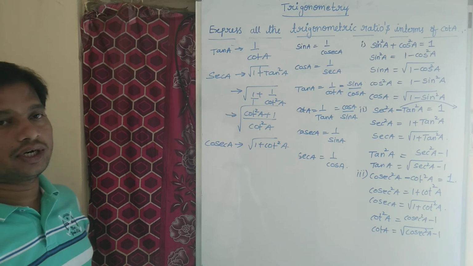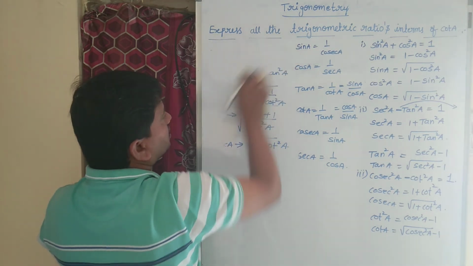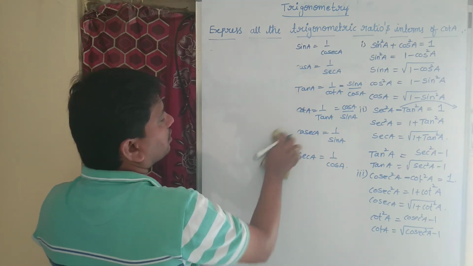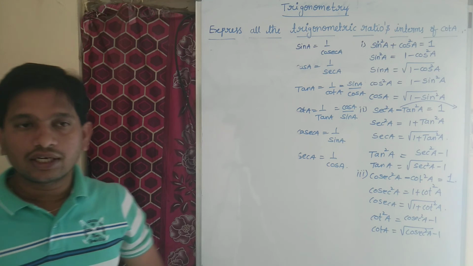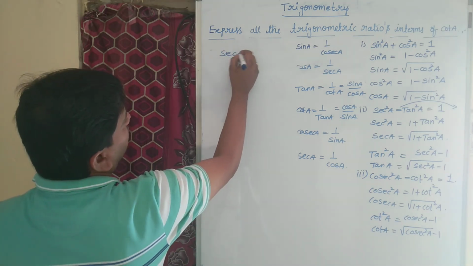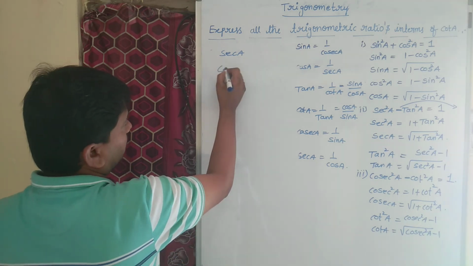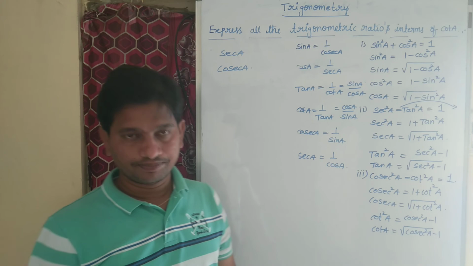Right? Children, I think you understood how to express all the trigonometric functions in terms of sin, cos, tan, cot. Similarly, you try to express all the trigonometric ratios in terms of cosec A. Okay?